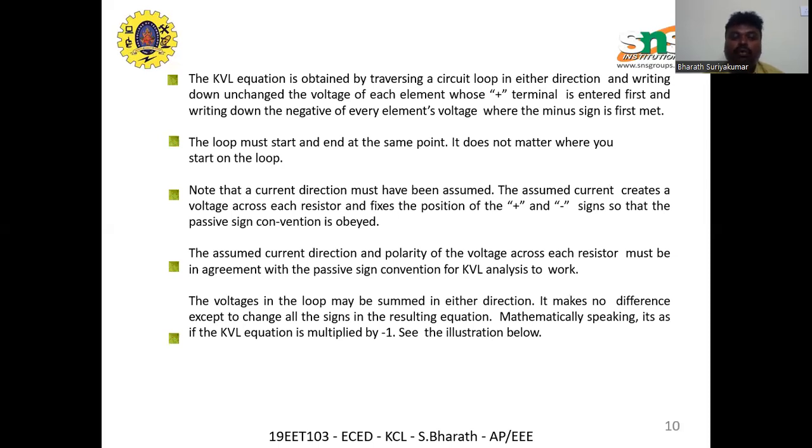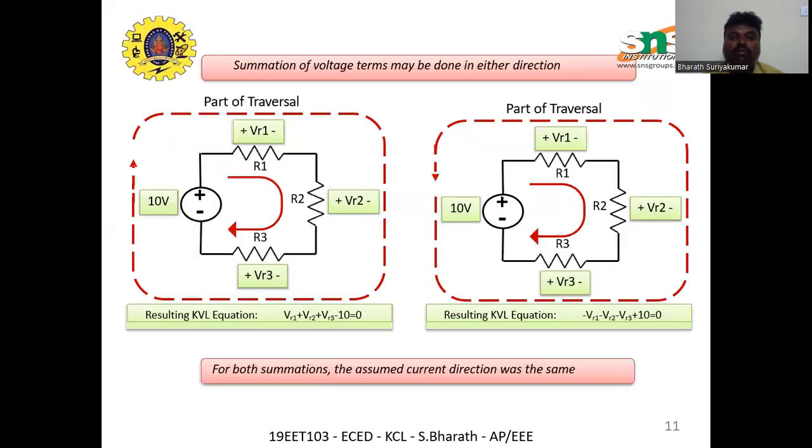The voltages in the loop may be summed in either direction. It makes no difference except to change all the signs in the resulting equation. Mathematically speaking, it's as if the KVL equation is multiplied by -1. See the illustration below. Summation of voltage terms may be done in either direction. The first one is VR1 plus VR2 plus VR3 minus 10 is equal to 0.